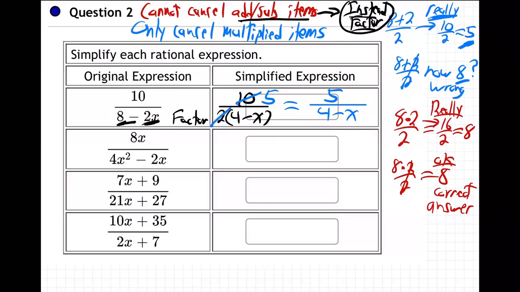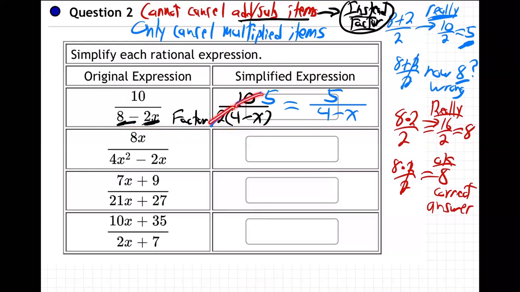So does everybody see what happened? I cannot cancel the 2 into 10 because it was subtracted. You cannot cancel added, subtracted items, only multiplied items. So then I factored the bottom. That makes it multiplied. That's what factoring is all about. You're starting to see why we did a whole chapter on factoring, why we care so much about factoring, because factoring lets us do things. So when I write the bottom as factored, meaning things multiplied, right? That 2 could multiply, distribute, and go back.